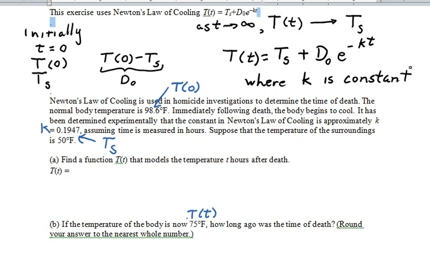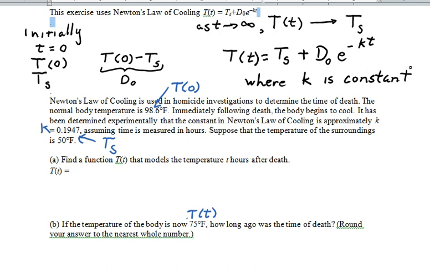And also, for the human body, the k has been computed to be 0.1947. And in this situation, we're talking about the body in a room at 50 degrees Fahrenheit. So T sub S is 50 degrees.